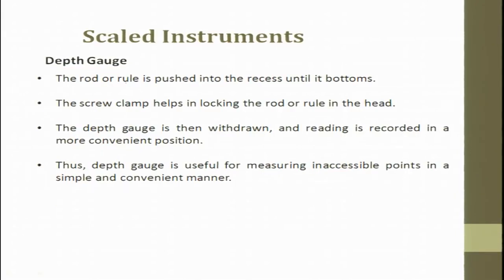The rod or rule is pushed into the recess until it hits the bottom. The screw clamp helps in locking the rod, and the depth gauge is then withdrawn and you read the readings accordingly. The depth gauge is useful for measuring inaccessible points in a convenient manner.